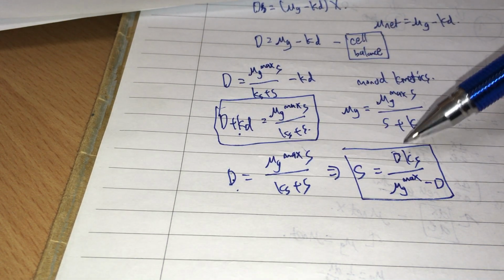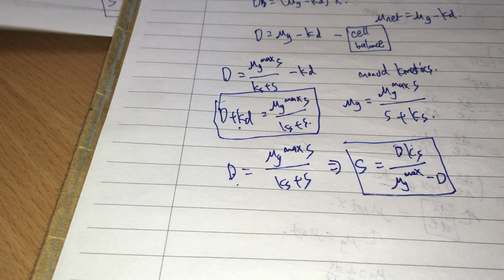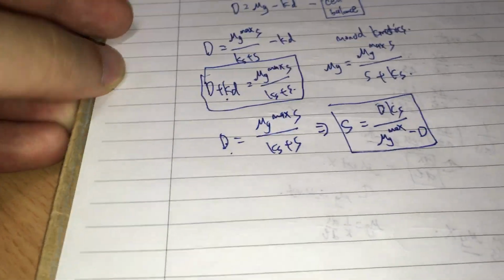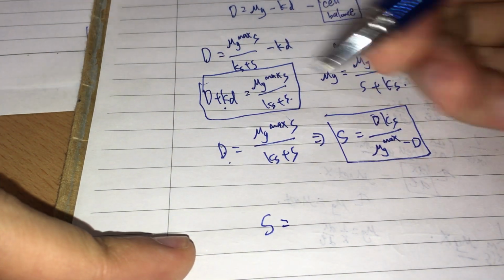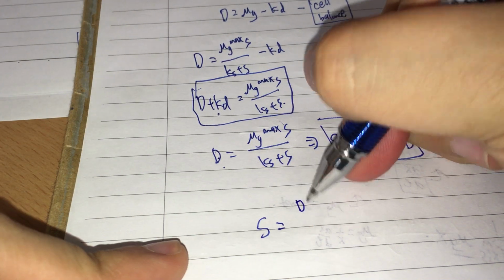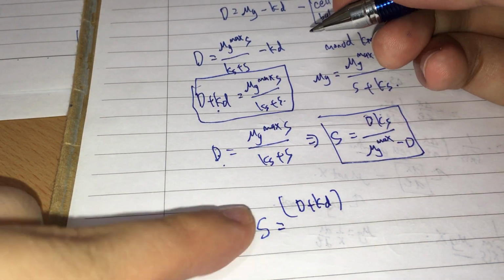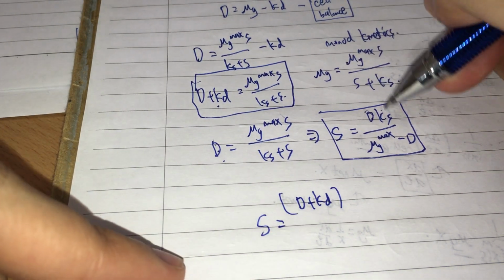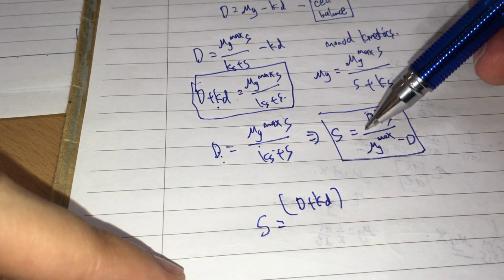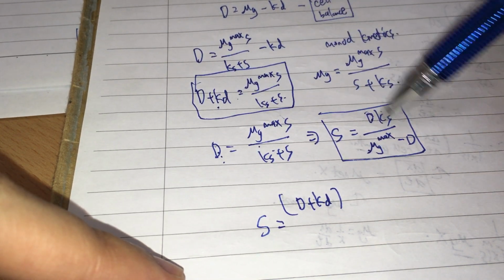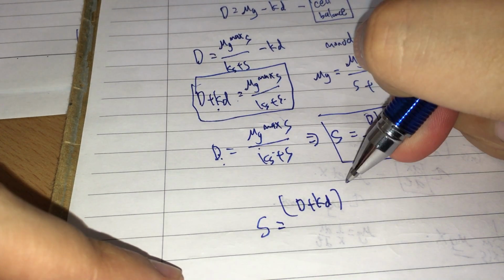And wherever there's D here, you just replace it by D plus KD. And then you can shortcut. You can do a sort of shortcut where you don't need to do all the manipulation steps. You can just simply arrive at this. So wherever you see D, just replace it by D plus KD. Alright, because these two are so similar. So this can be arranged into a similar form, except that you just replace D with D plus KD.